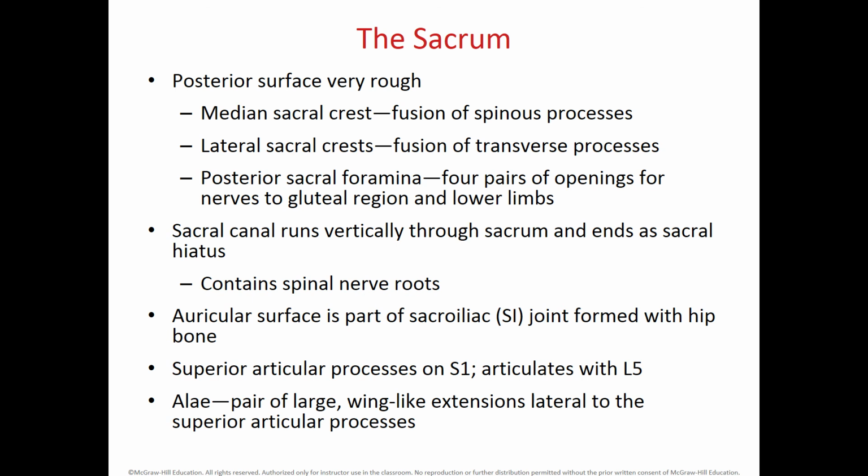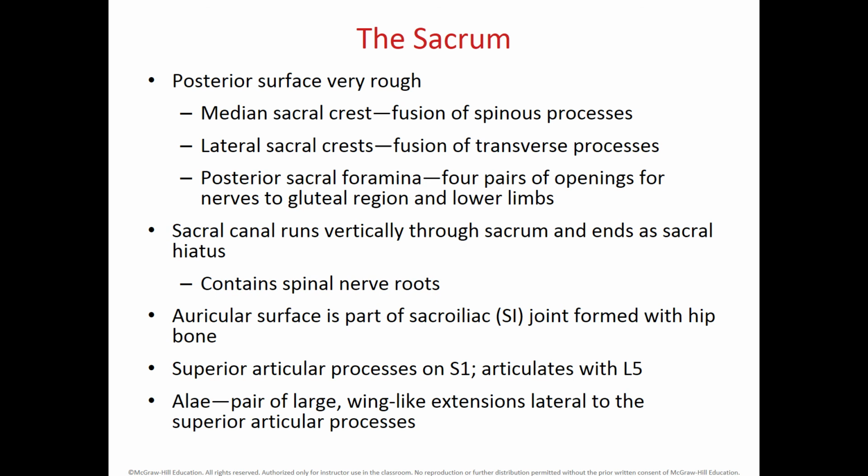This will contain spinal nerve roots. On the sides of the sacrum, you have a roughened surface called the auricular surface that connects to the iliac bone of the pelvic bone or the coxal bone, forming the sacroiliac joint or SI joint.